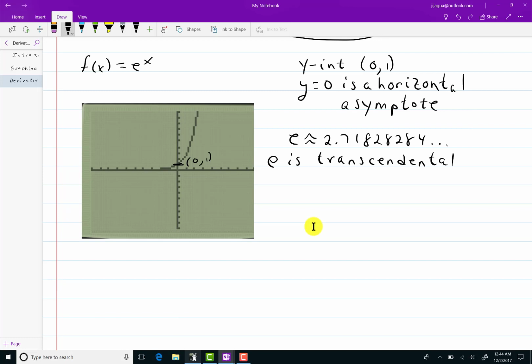I can't say a lot about it because it's a high level topic, but transcendental means it's irrational to such an extent that we can't even get it close to being rational, I suppose. The digits go on forever and ever and ever. Your calculator has it built in, of course. But anyways, let's take a look at its derivative. You can see, though, based on this graph, this thing does increase very quickly. It should go from left to right.